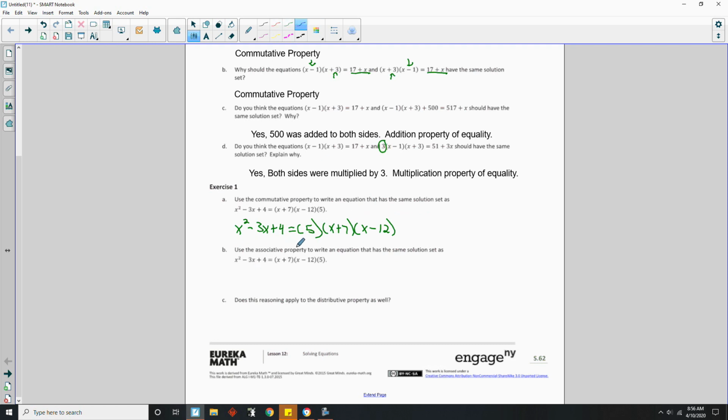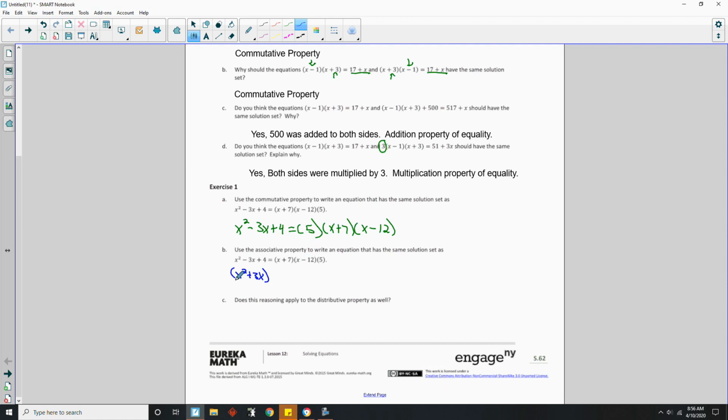B, use the associative property to write an equation that has the same solution set as this. Okay, well, associative property is very similar to commutative property. What the associative property does is move parentheses though. So what I could do is say that x squared plus 3x.